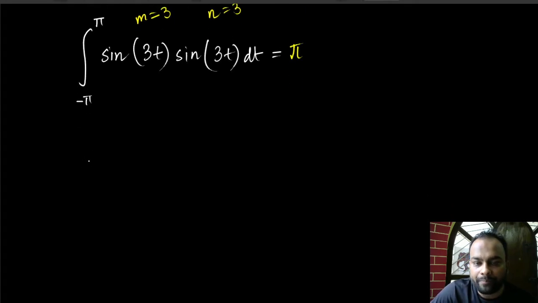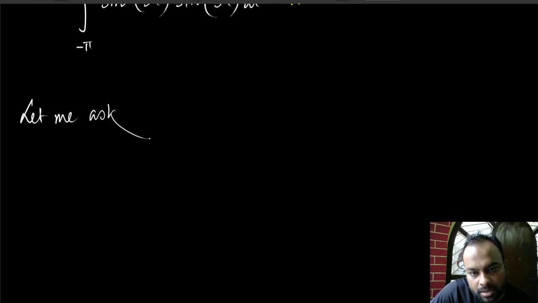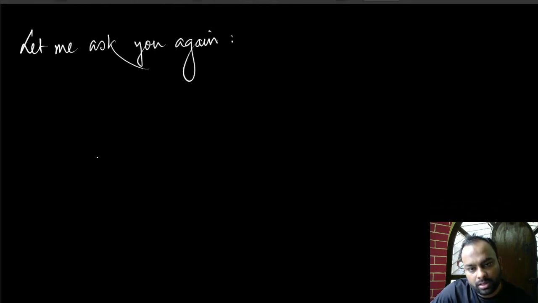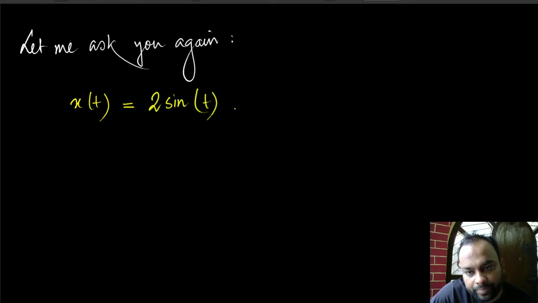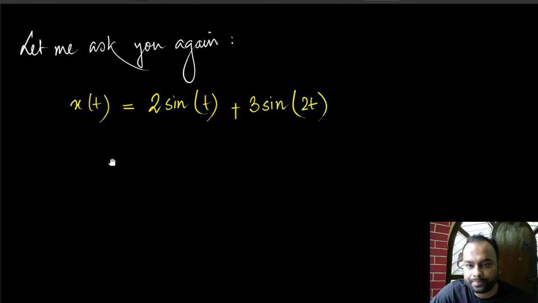So let me go back and ask you the same question again. Say I have a signal which is represented as x(t), and it is given as 2 sine t plus 3 sine 2t, right?